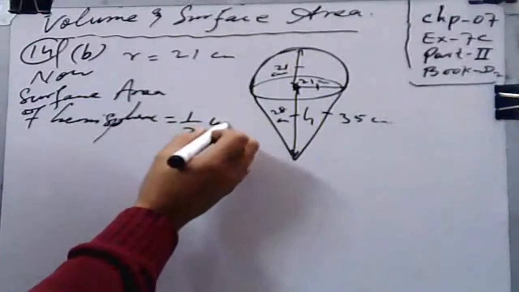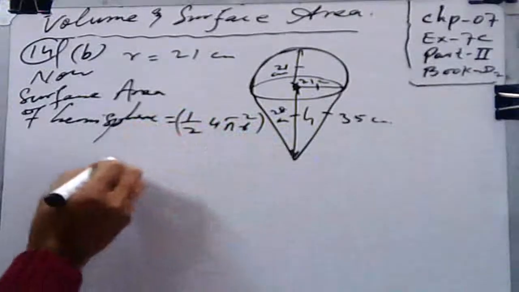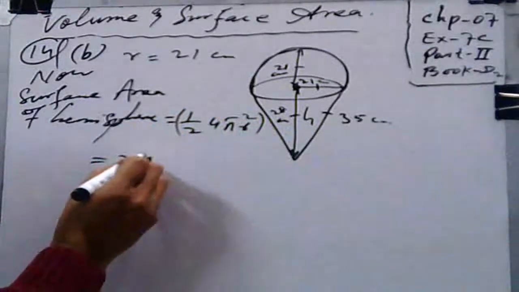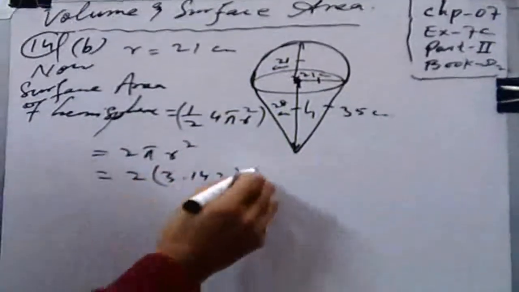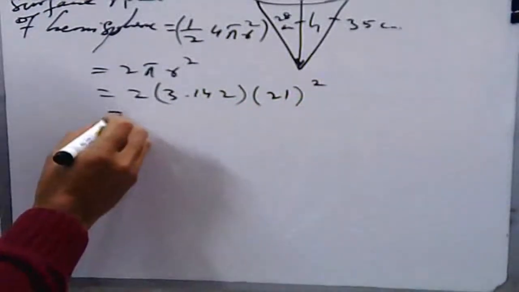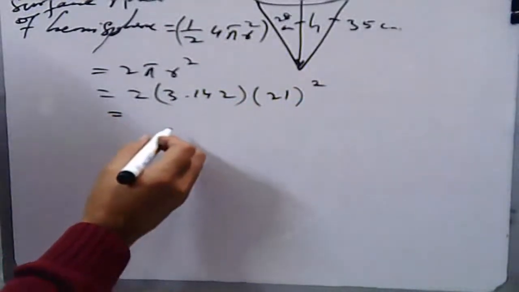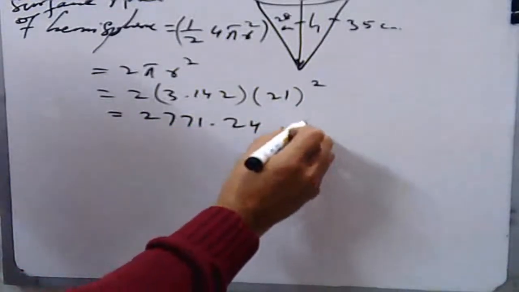So after simplification you will get 2771.24 centimeter square. So now we have to find the another thing, that is cone. Now surface area of a cone, that is curved surface area of a cone.